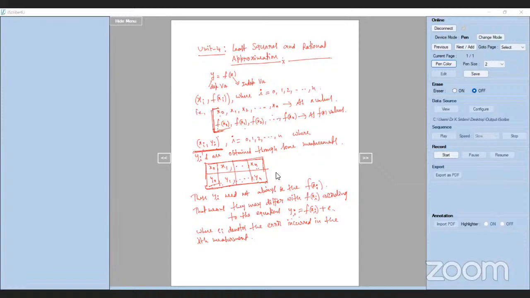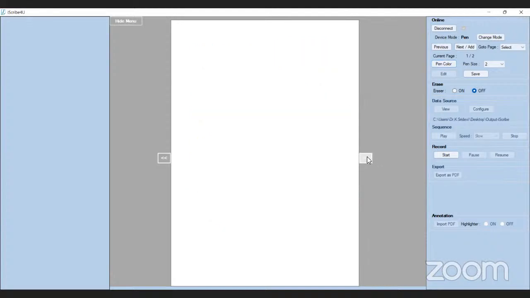This method is known as the method of least squares approximation.